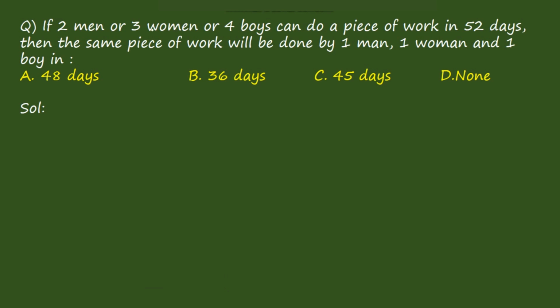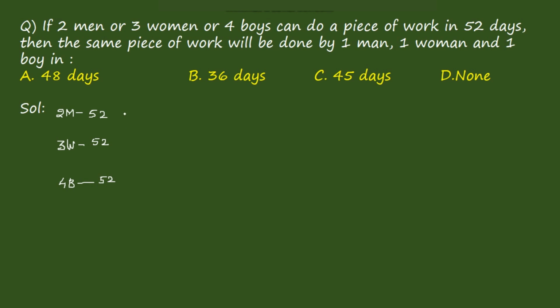If 2 men, 3 women, 4 boys can do a piece of work in 52 days, then the same piece of work will be done by 1 man, 1 woman and 1 boy in how many days? Okay, it is given that 2 men can complete the work in 52 days, then 3 women can complete the work in 52 days. Similarly, 4 boys can complete the work in 52 days.